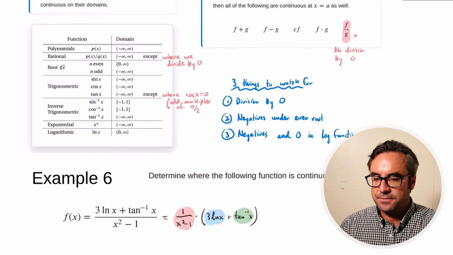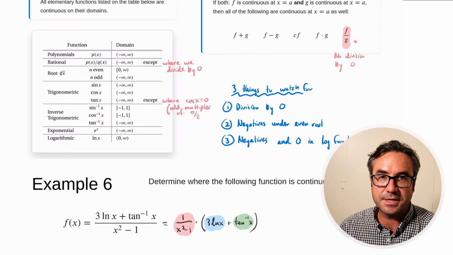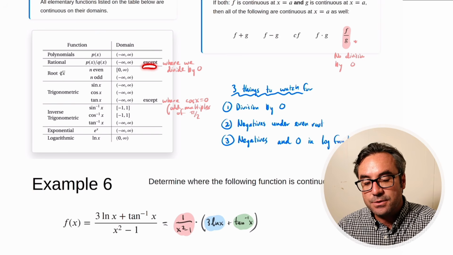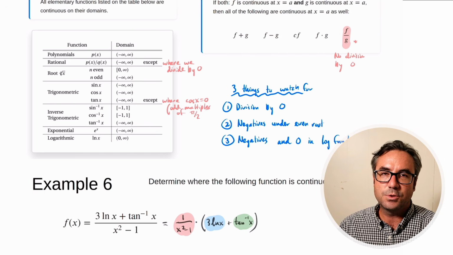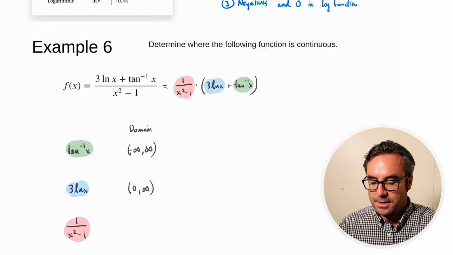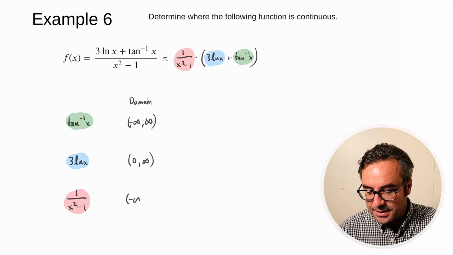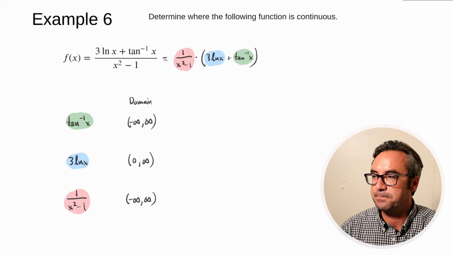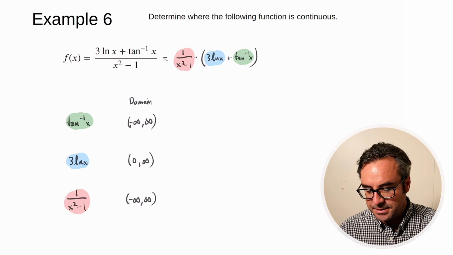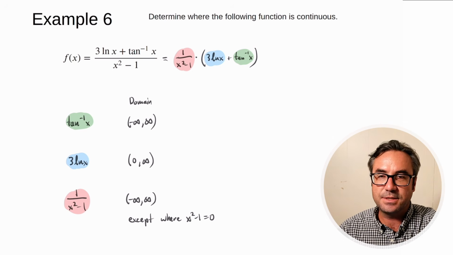Well, it's mostly all real numbers, so it's the entire x-axis, except where we divide by 0. So we are going to potentially have to throw some x values out. So it's going to be the interval minus infinity to infinity, except where that term in the denominator, the x squared minus 1, is equal to 0.